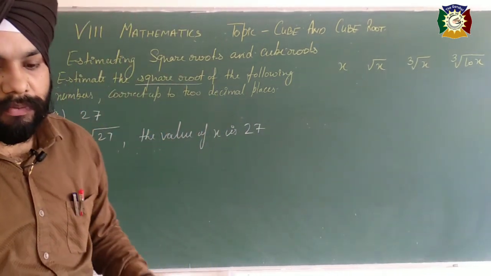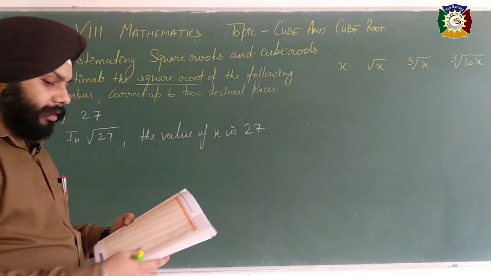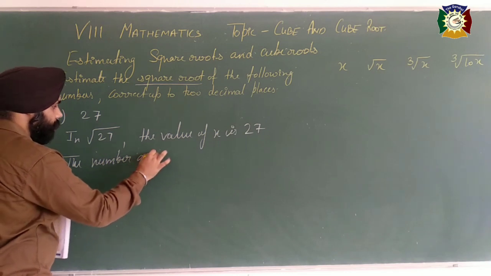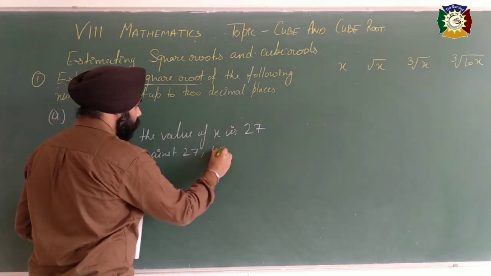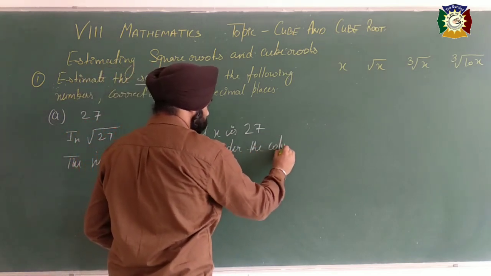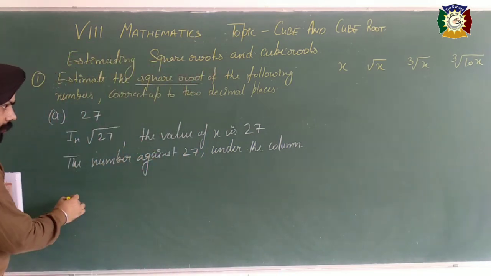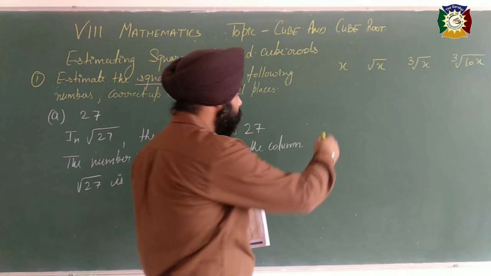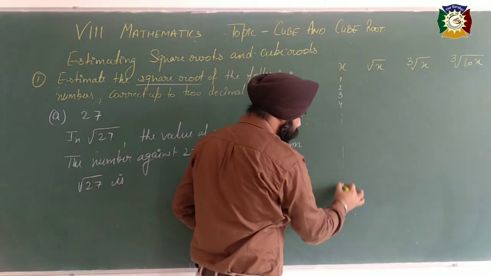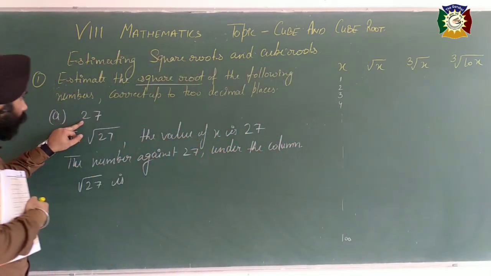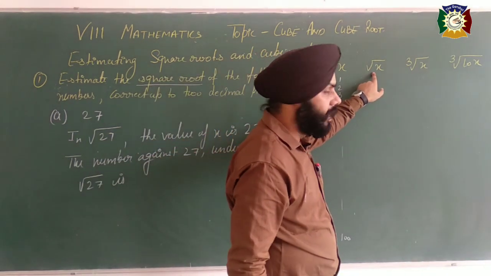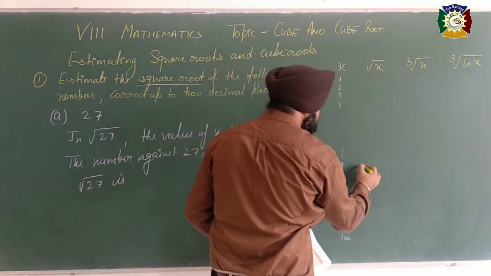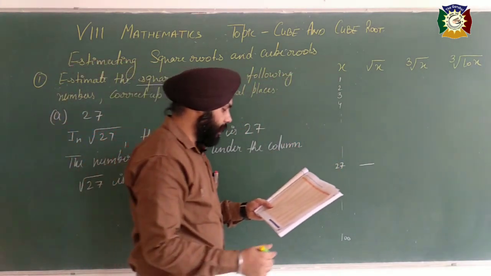Now we use the table to check the number against 27 under the column root x. In the table, numbers 1, 2, 3, 4, 5 and so on up to 100 are given. We look in the second column, root of x, in front of 27, to find the square root value.